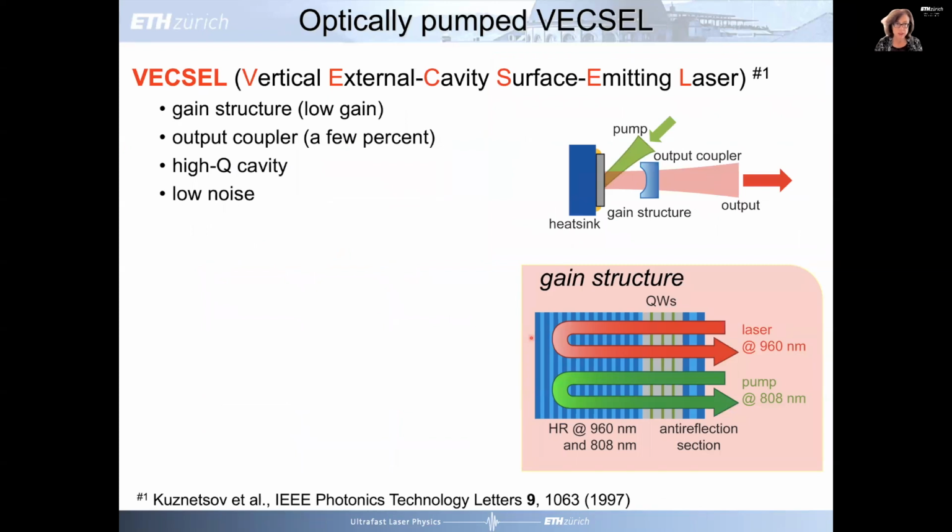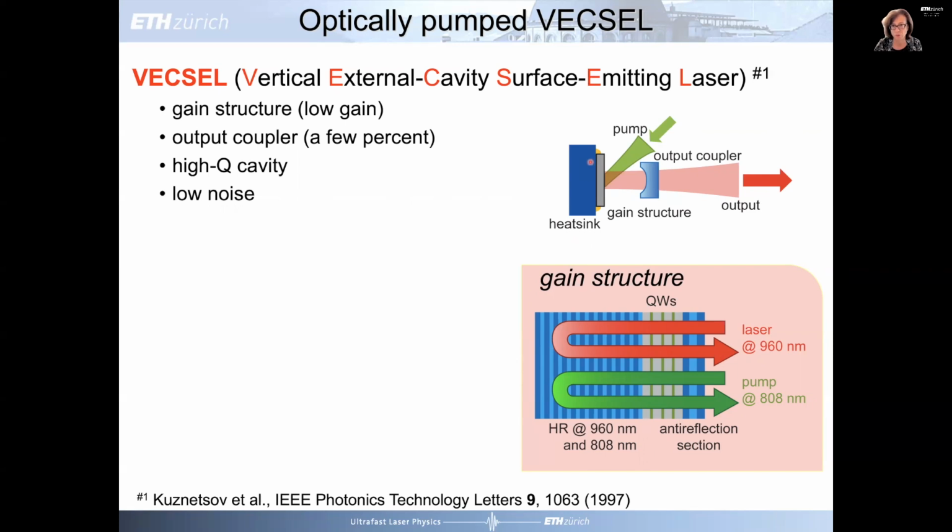When you choose a semiconductor as a gain medium, we basically use the semiconductor, shown here in green, with quantum well gain in a vertical configuration. And I'll explain why. If you integrate it vertically, you have basically a diode-pumped semiconductor structure, which is a high reflector with the quantum well and an anti-reflection coating.